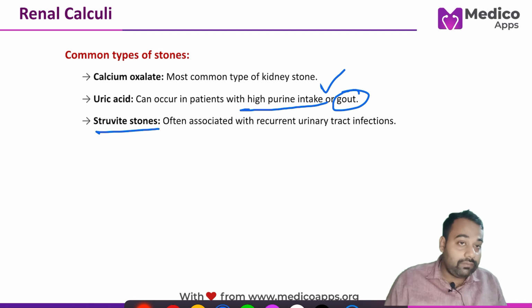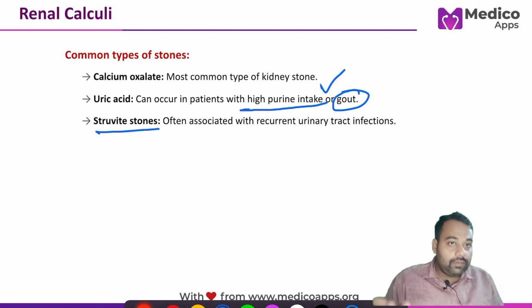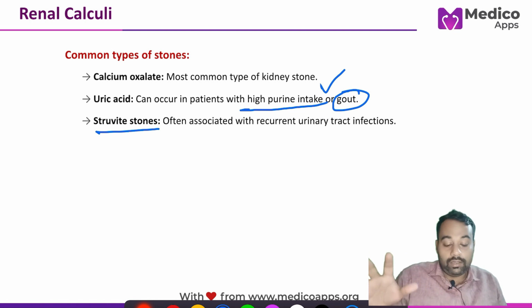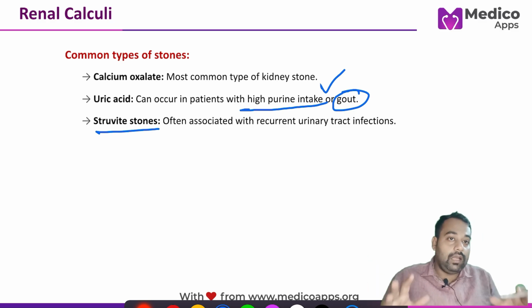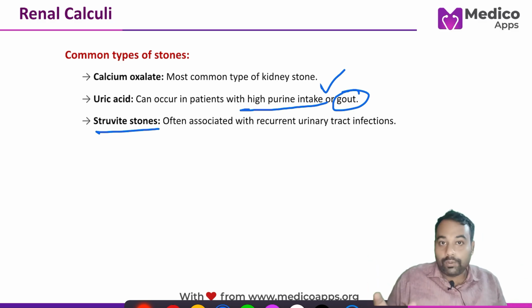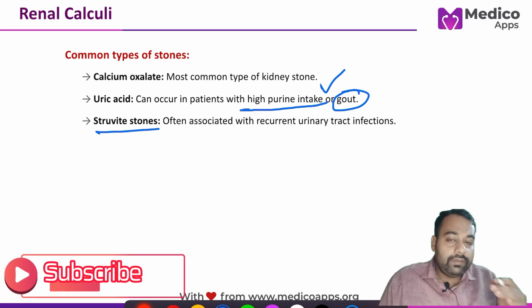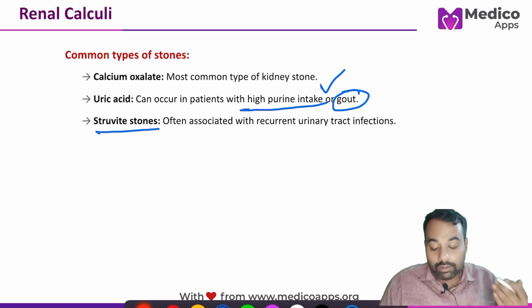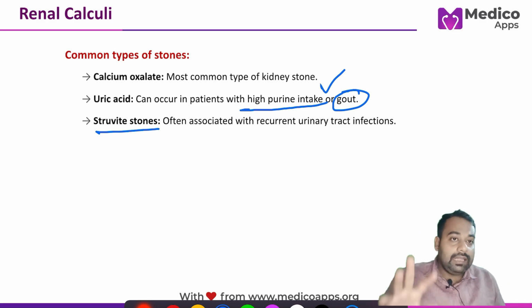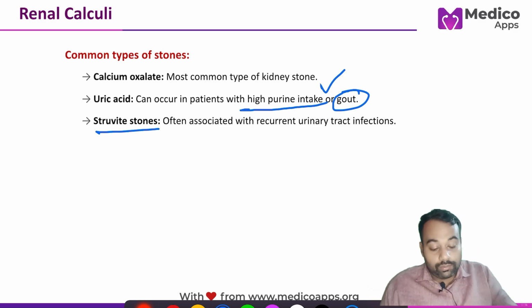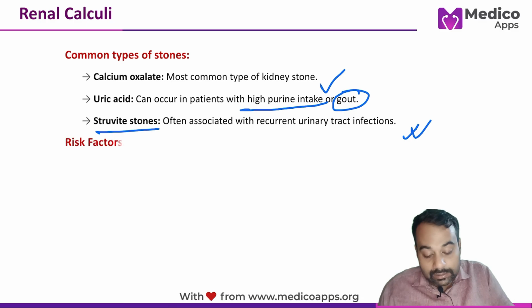Why? Because in a patient with a urinary tract infection, some organisms produce urease, and that eventually leads to the formation of struvite stones. These patients will present with recurrent episodes of urinary stones. So that's why they are taken into consideration.